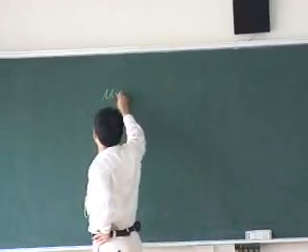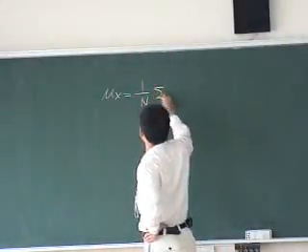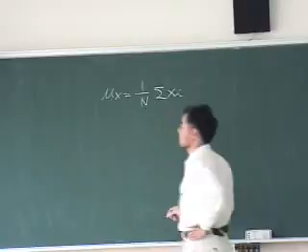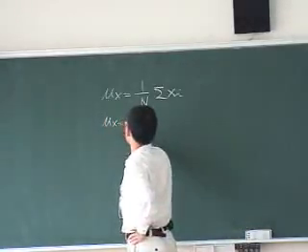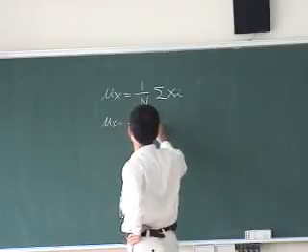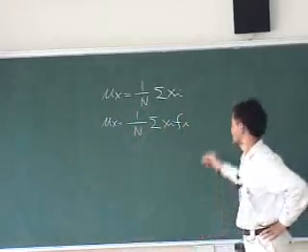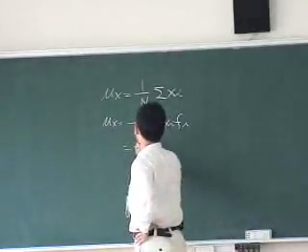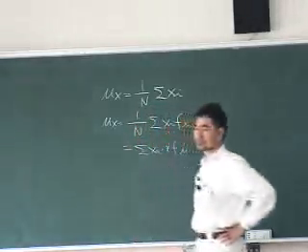For ungrouped data, we have mu x equal to 1 over n summation xi. For grouped data, we have mu x equal to 1 over n summation xi fi, which is actually summation xi times the relative frequency.